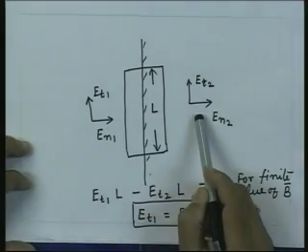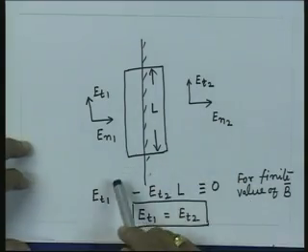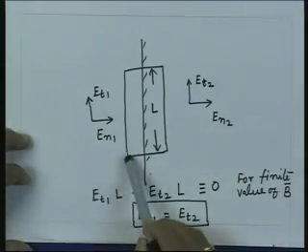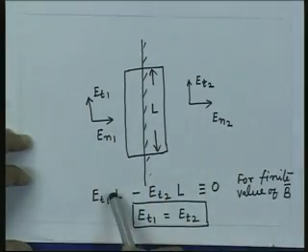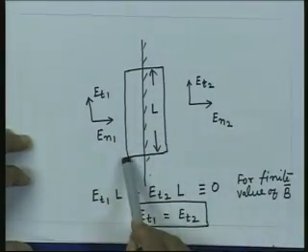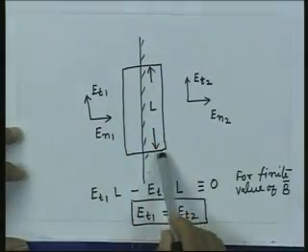In medium 2 again I can represent the normal component as En2 and the tangential component as Et2. If I now take a loop across this boundary, so this is the loop, and I want to apply Faraday's law across this loop.